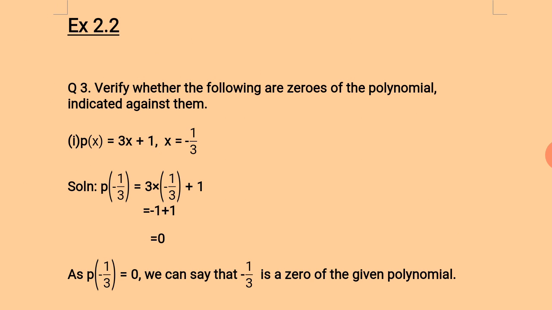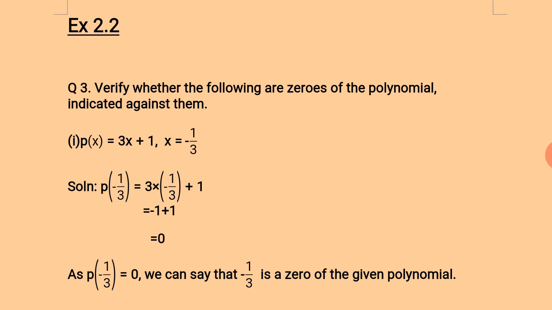As we are getting the answer as 0, we will say that minus 1 by 3 is a zero of the given polynomial. But if we would have got any other number after solving, we would have said that it is not a zero. So it's very simple. Start with substitution.